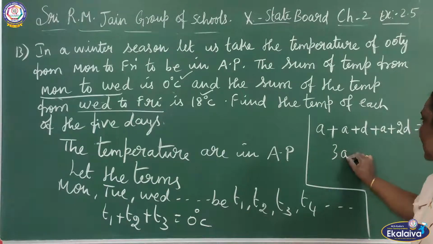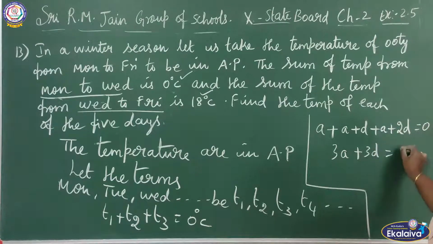So 3A plus 3D equal to 0. Take it as the first equation.